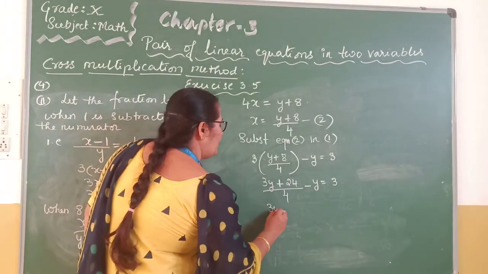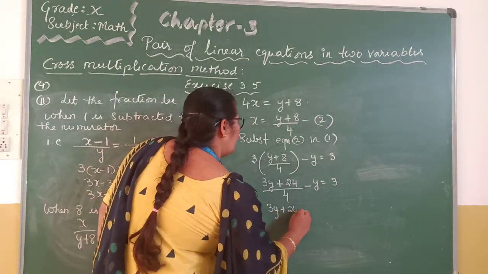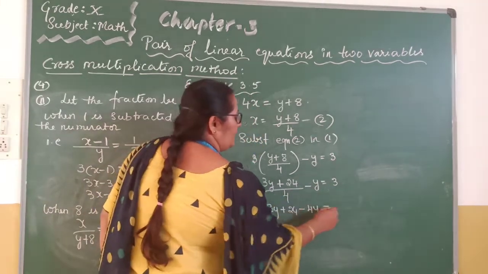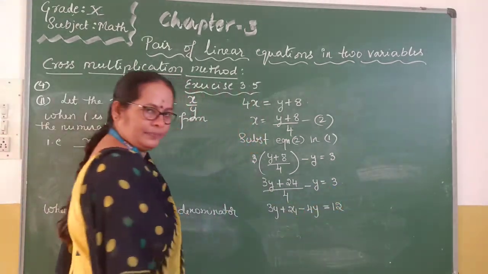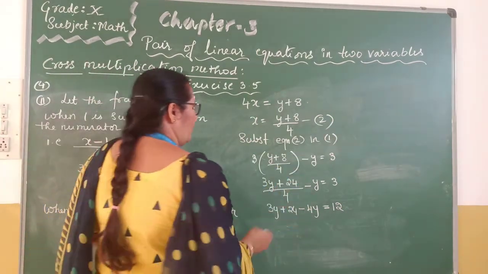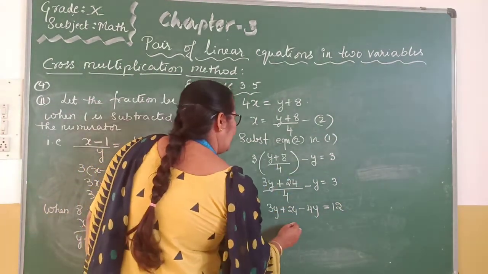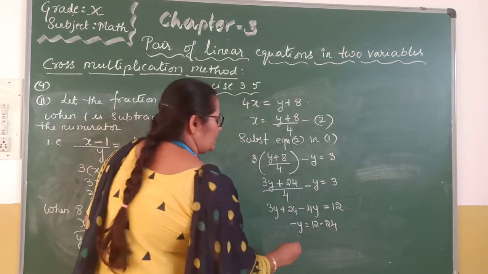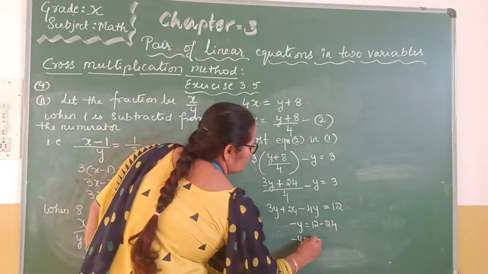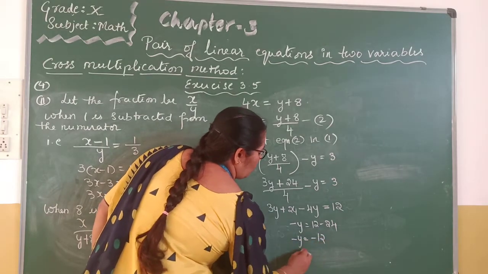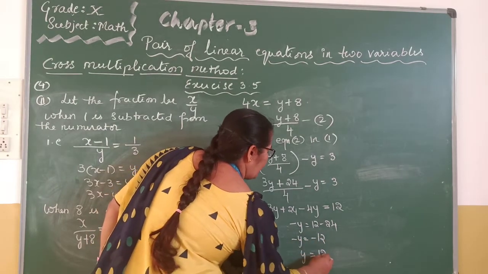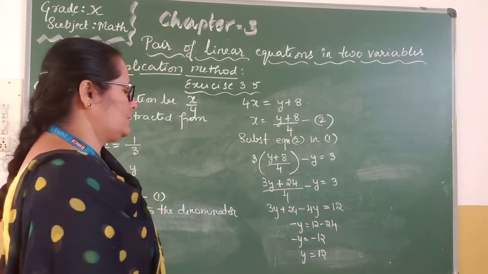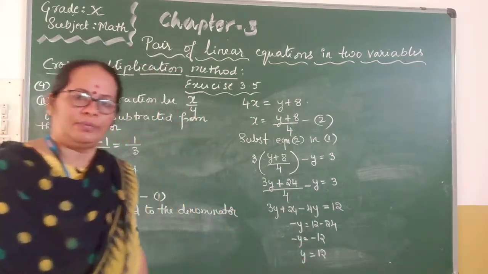So 3y plus 24 minus 4y equals, now cross multiply, 4 3s are 12. Now 3y minus 4y is minus y, 12 minus 24 is minus 12. So minus y equals minus 12. Minus 12 divided by minus 1 is plus 12. So y equals 12.